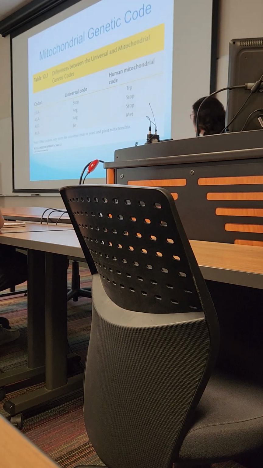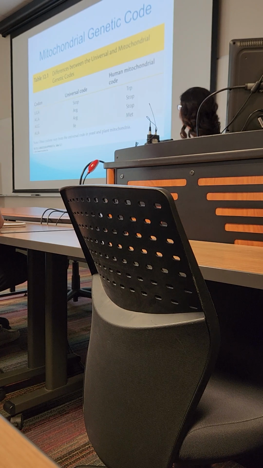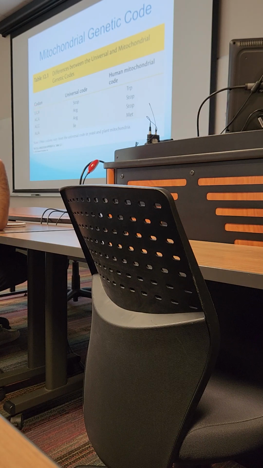All right, one more thing about the mitochondrial genome that's really unique is that the way the proteins are translated is different. The codons are a little bit different for the mitochondria.